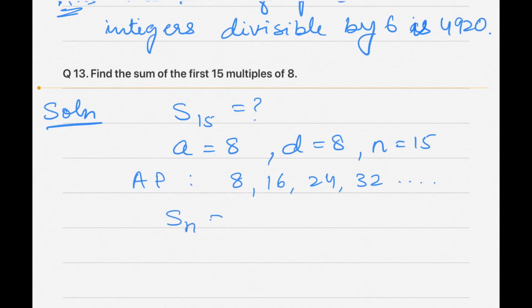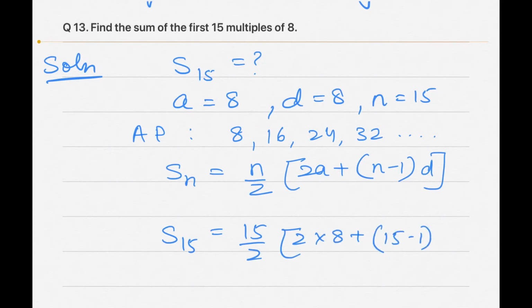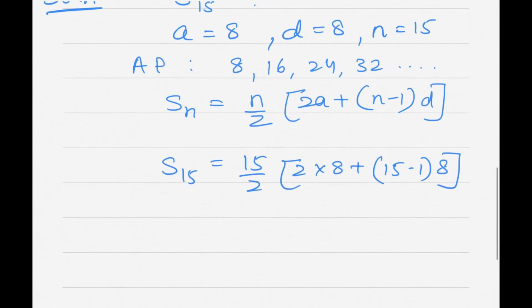So my Sn is equal to n by 2 into 2a plus n minus 1 into d. Let's substitute the values now. S15 is 15 by 2 into 2 into 8 plus 15 minus 1 into d, which is also 8.